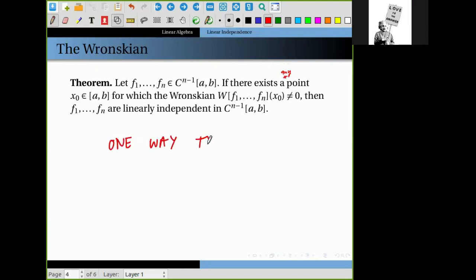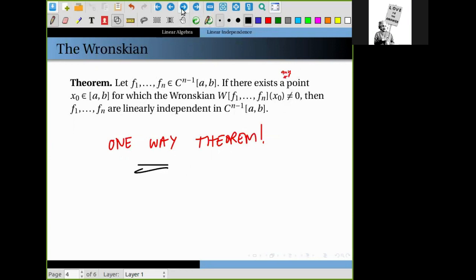If we can find a point where the Wronskian is non-zero, then we get the linear independence that we're looking for. However, if we can't, and the Wronskian is always equal to 0, then we learn nothing and we have to do more work, taking a different approach at that point. We'll come back to this idea of the one-way theorem in a few minutes.